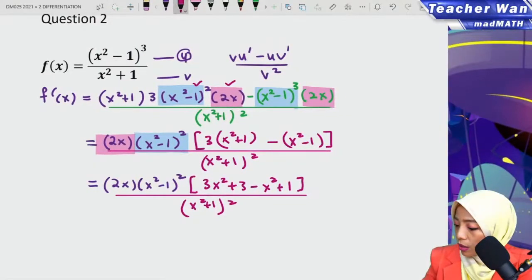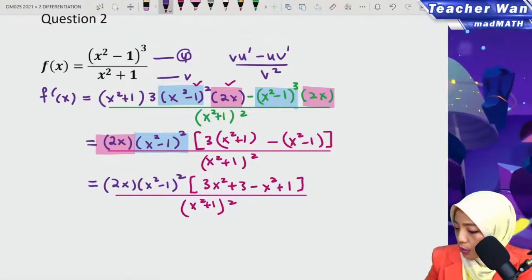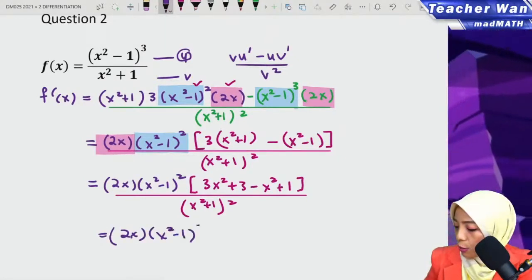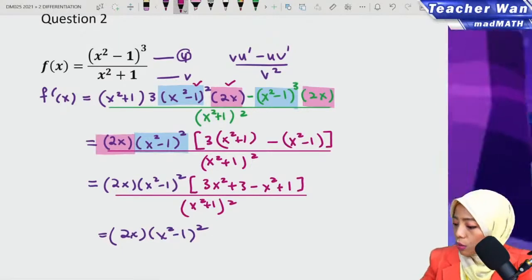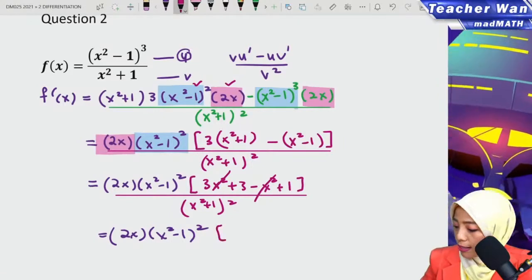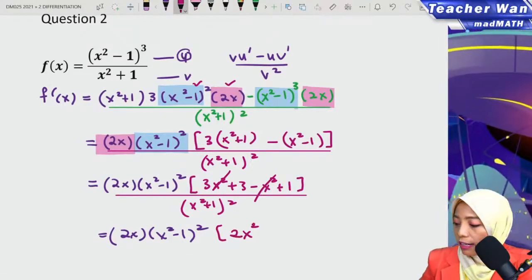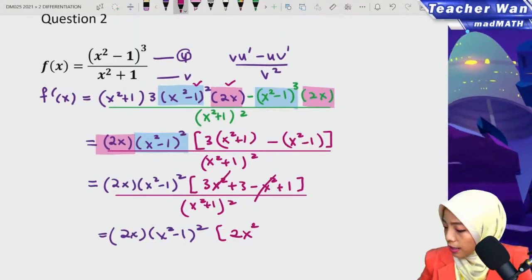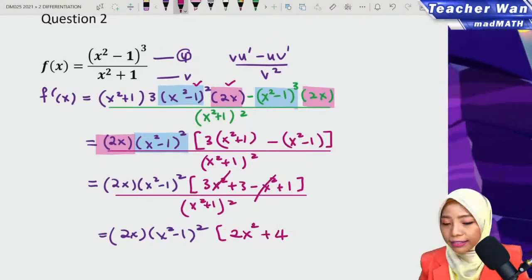Now equal with 2x, x square minus 1 square. Now we are going to simplify 3x square minus x square, so becoming 2x square. 3 plus 1, x square plus 4, right? 3 plus 1, 4.